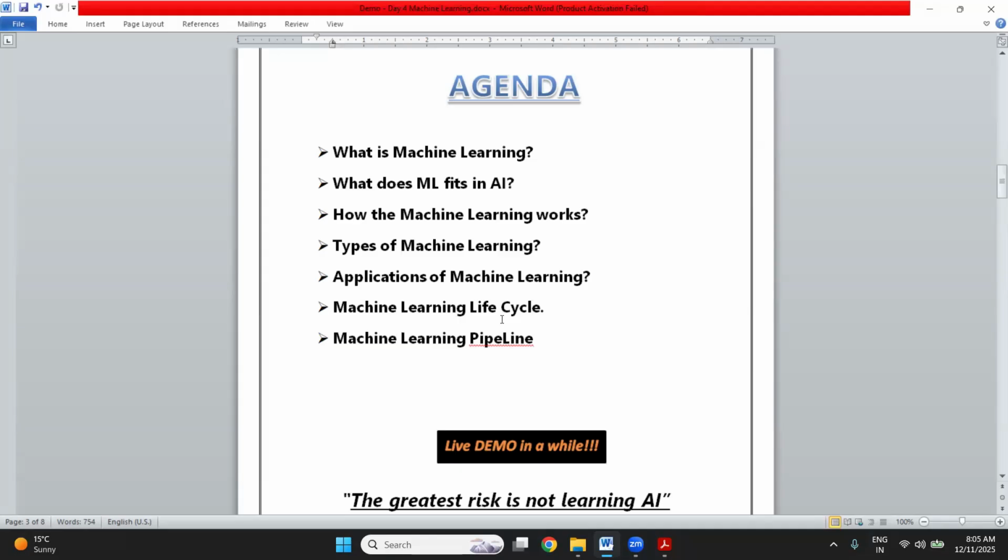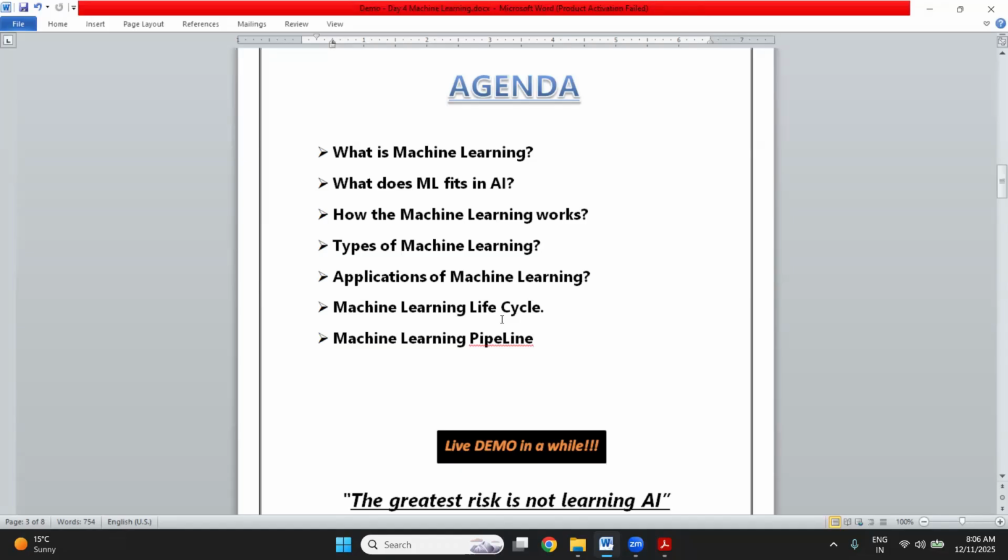We all know machine learning is one of the components of AI. So in today's session we will discuss briefly what is machine learning. We'll just get an idea of what is what. Then we will see where exactly machine learning fits in the AI context, and then what are the types of machine learning that we are going to use for our projects.